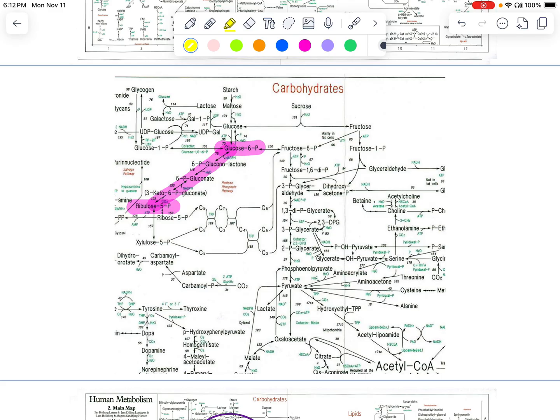And then the second phase of the PPP is this non-oxidative pathway right here. Okay, so in the oxidative portion, in phase 1, we're making NADPH.